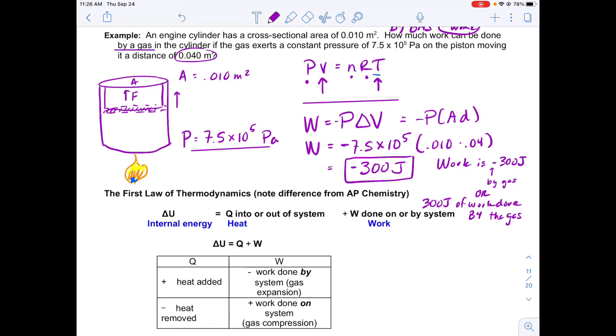But I can't say both. I can't say negative 300 by the gas because that's like having a double negative. It's like I ain't got none. So we don't want to say both. We either want to say the work is negative 300 or we want to say 300 joules of work was done by the gas.